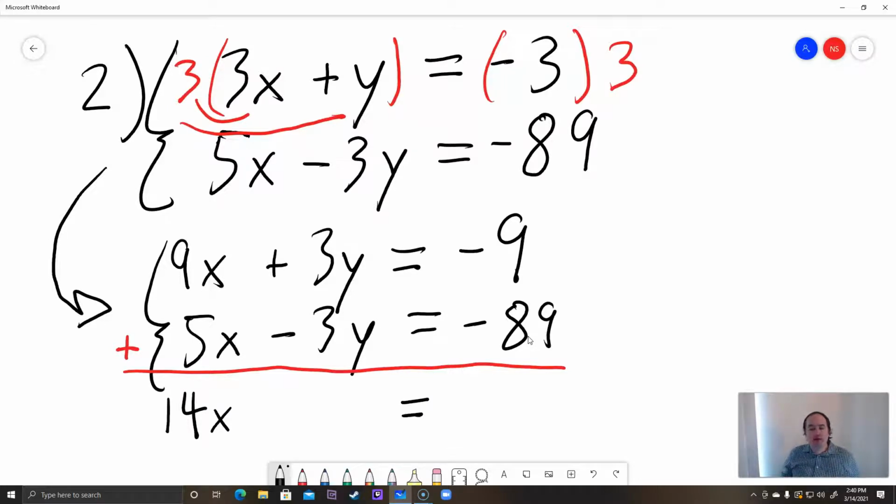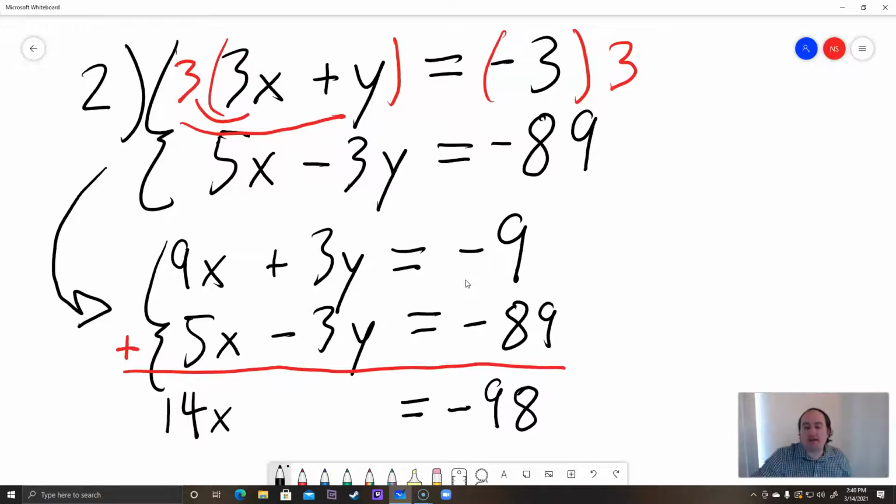If you can't do that in your head, you can just do it on a calculator, but they are the same sign, so you're going to keep the sign and add. Then 9 plus 89 is going to give us 98, but we keep the sign, so it's going to be negative 98.